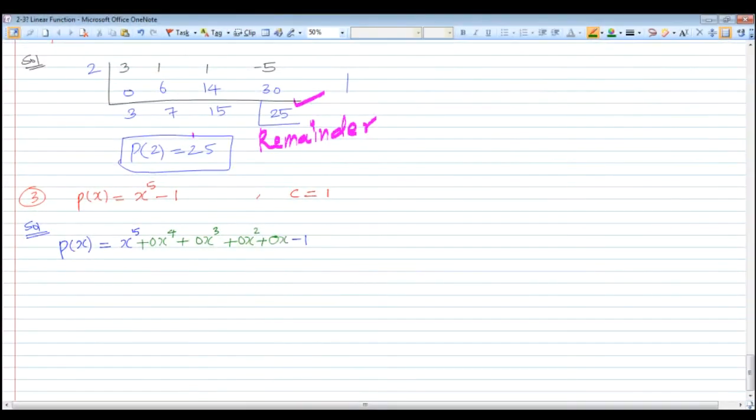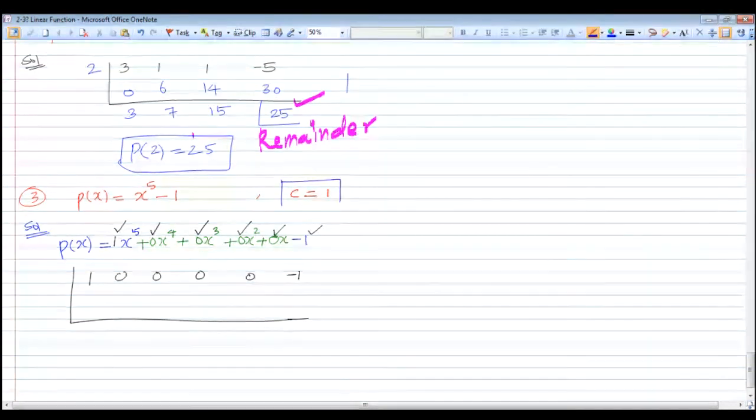But then the constant. So again, I can go with the synthetic division. What is the synthetic division here? The first coefficient is 1. Then 0, 0, 0, 0, and the last constant term, which is minus 1. Now I start with this one. What is the given value? The value is given directly as the c value, not x.